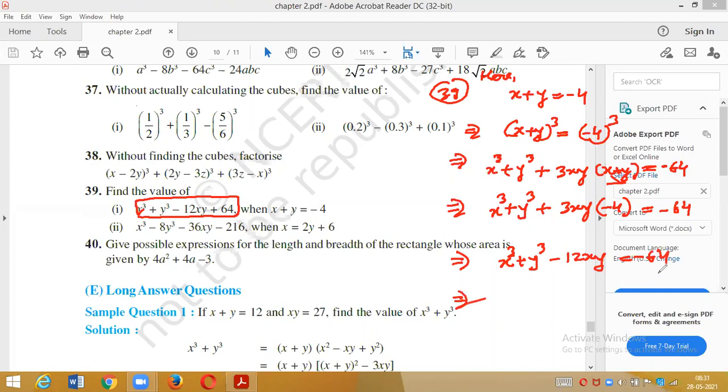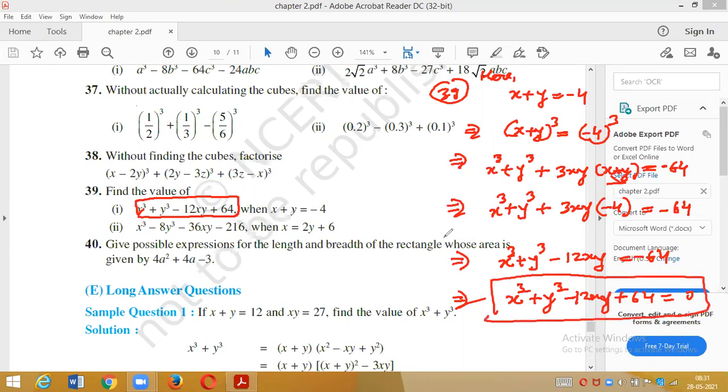Now, if you take this -64 to this side, it will be x cube plus y cube minus 12xy plus 64 is equals to how much? 0. Therefore, the value of this x cube plus y cube minus 12xy plus 64 is nothing but 0. Is it clear to everyone? Yes, sir.